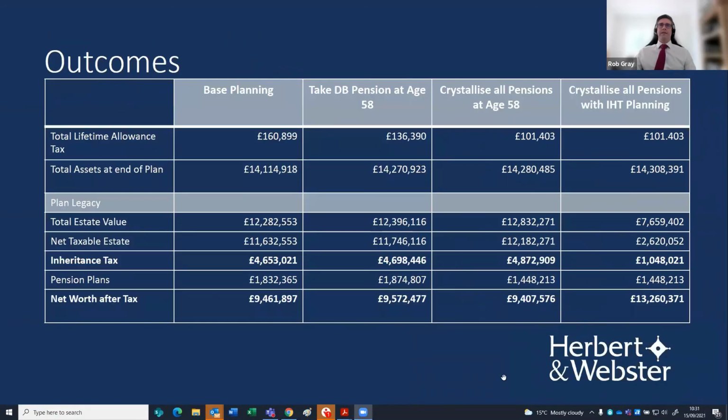And here's all of those outcomes showing together. So that really identifies pretty well why it's worth looking at the full picture.